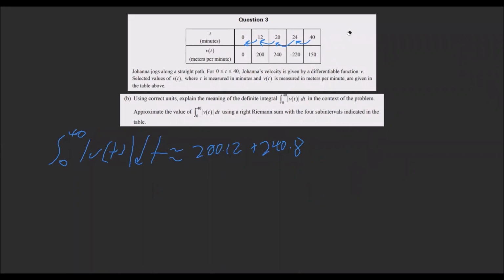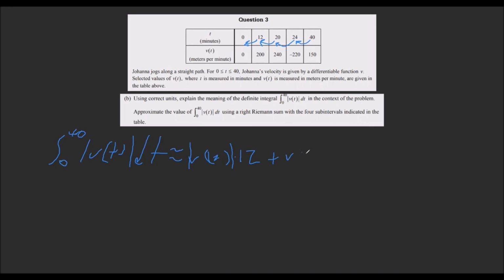Okay, so let's write this out further. Actually, let's just write the general Riemann sum. We're going to want to find v of 12 times 12. Absolute value, by the way, because that's what it asks for.